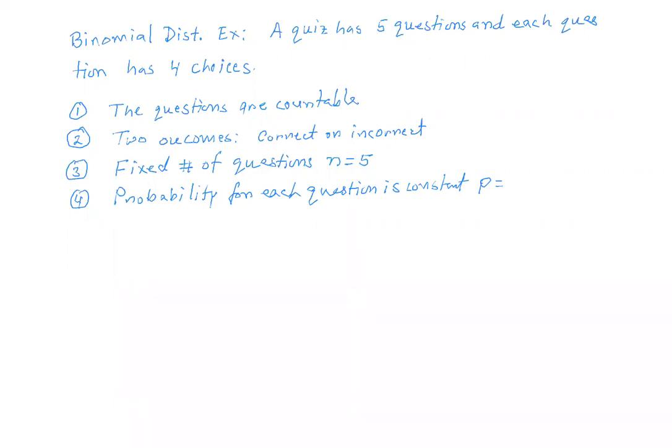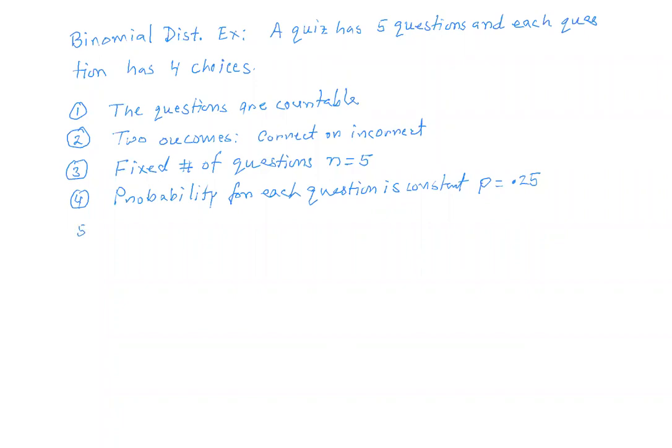So what is the probability that you will get the question correct? For each question, there are 4 choices. What is the probability that you will get it right? The probability is 1 out of 4, or 25%, or 0.25, correct? So that's what it is.